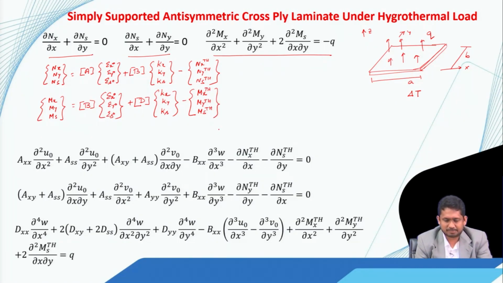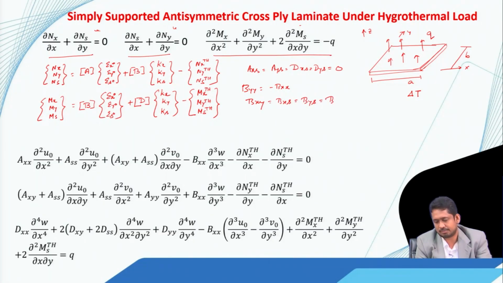And also because it is not symmetric, we have to solve these three equations together, and because it is an antisymmetric cross ply laminate, we have Axs equal to Ays is equal to Dxs is equal to Dys is equal to 0, and we have Byy is equal to minus Bxx, and we know that Bxy is equal to Bxs is equal to Bys is equal to Bss equal to 0.